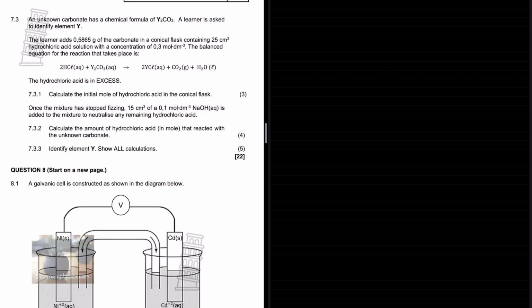Question 7.3.1, calculate the initial moles of hydrochloric acid in the conical flask. If you look at the information that we're given about the HCl, we've been given the volume of 25 cm cubed, and the concentration, which is 0.3 moles per dm cubed. Now they want us to calculate the number of moles. So number of moles is equal to C times V. Number of moles is 0.3 times the volume.